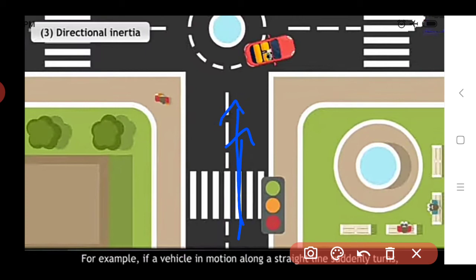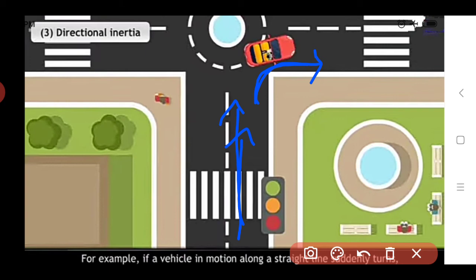But when this vehicle turns in that direction, at the same time the driver, the man sitting inside this vehicle, his direction doesn't change due to the effect of inertia. Because we know what inertia is.